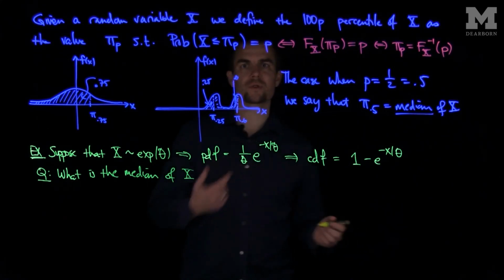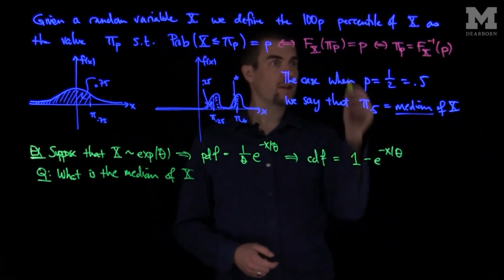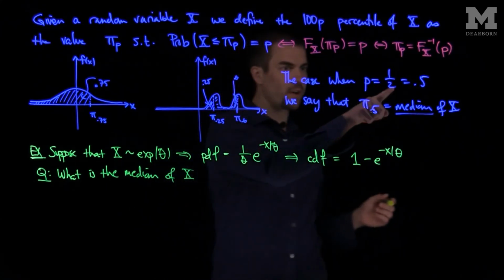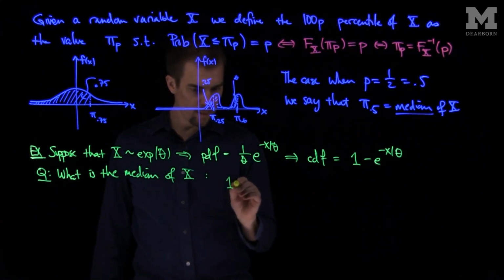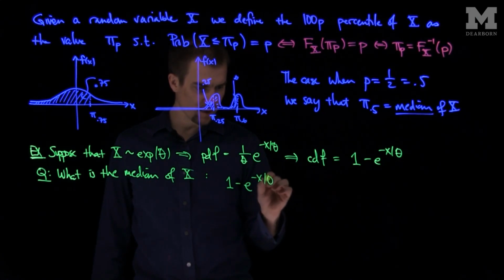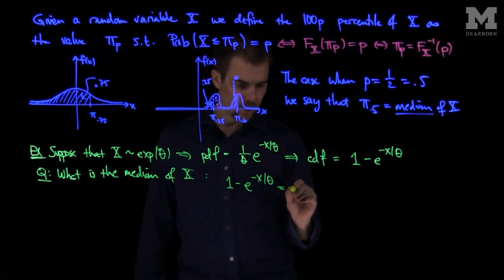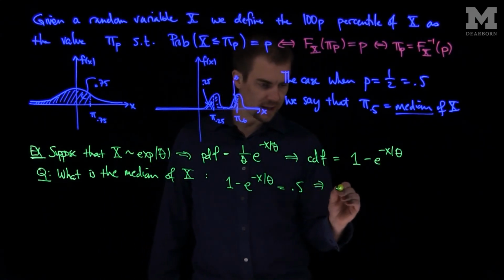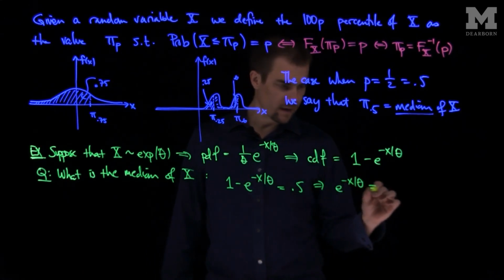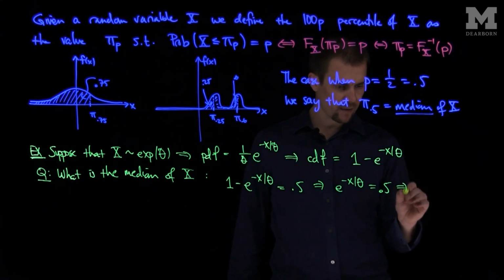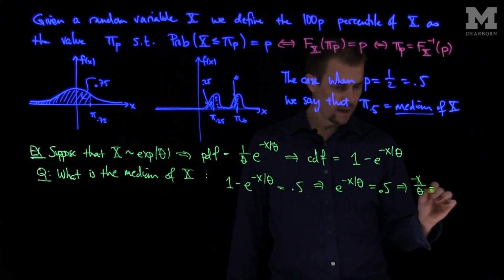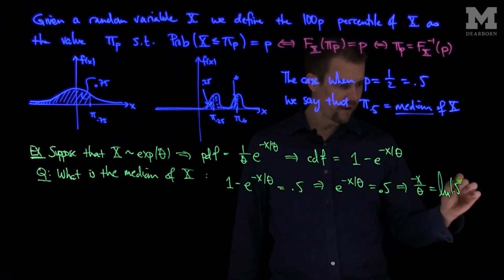Well, the equation we have to solve is we have to look at the CDF and set the CDF equal to p, where the median corresponds to the value of p being 0.5. So then we'll have 1 minus e to the negative x over theta is equal to 0.5, which says that e to the negative x over theta is equal to 0.5. Taking the log of both sides, we see that negative x over theta is the natural log of 0.5.